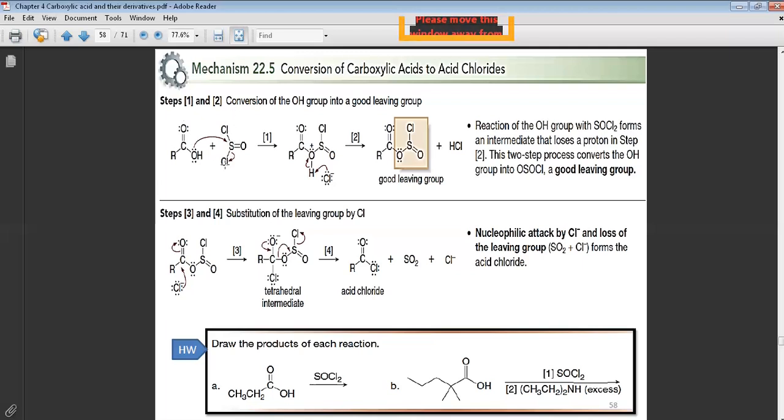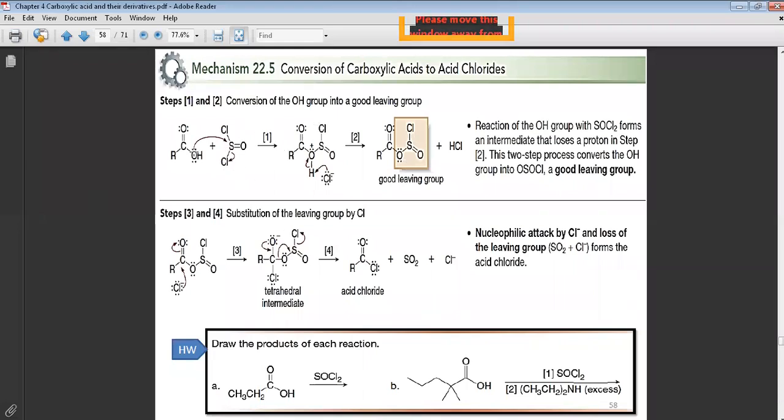So what will happen? The lone pair of electrons on the OH group will react as a nucleophile and attack the sulfur atom, and one of the halogens will be removed as a leaving group. We know the halogen is a good leaving group. This attacks and this leaves, to give you this intermediate.